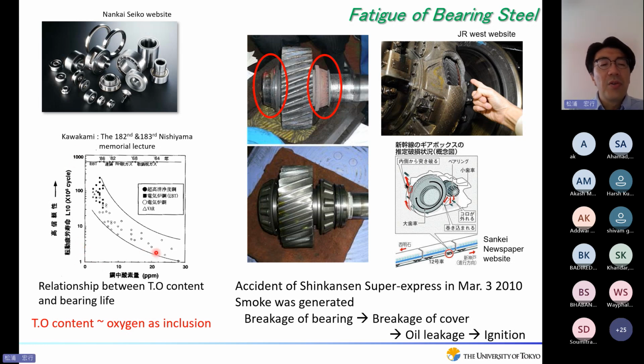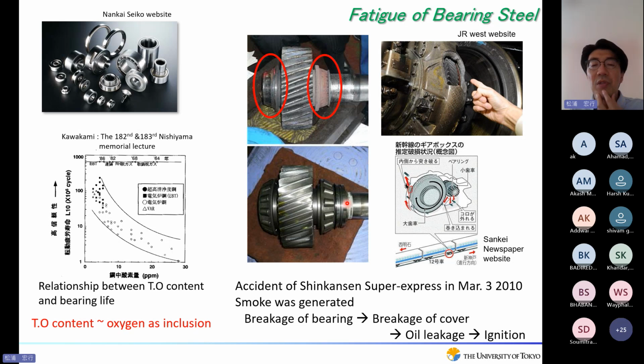You can see that the reliability of bearing steel will increase dramatically by reducing the oxygen concentration in steel products. This oxygen content is the total oxygen content, which is almost equivalent to the oxygen amount as inclusions in the product. So you need to reduce the amount of inclusions as much as possible.